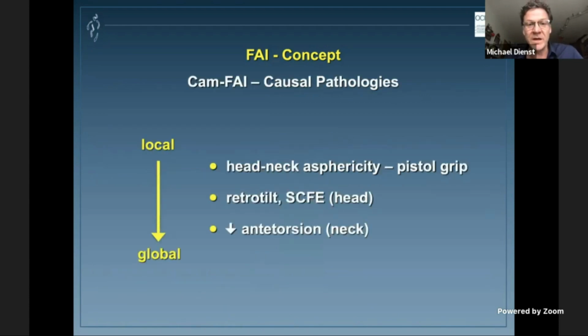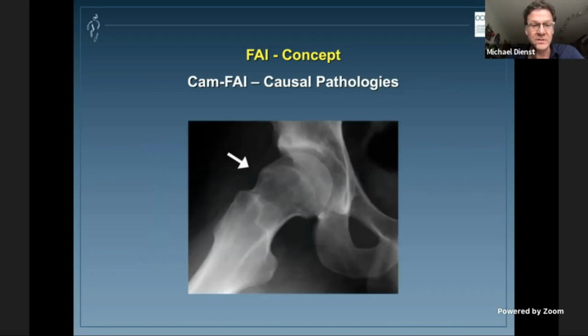On the femoral side, cam FAI has different causal pathologies, either local ones such as a head-neck asphericity, pistol grip deformity, and more global ones such as SCFE and a reduced antetorsion, as mentioned before, retrotorsion.